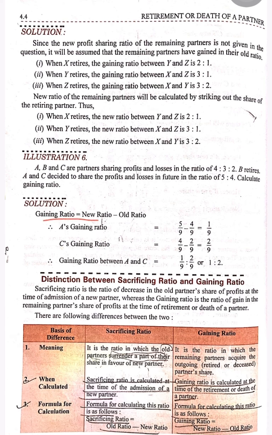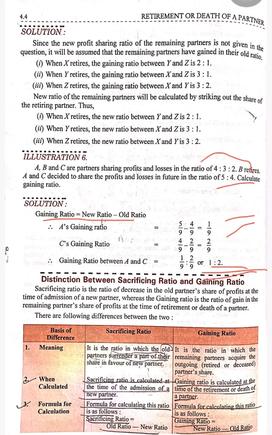The formula of gaining ratio is new share minus old share. A's new share will be 5/9 and A's old share will be 4/9. So it will be 1/9, and C's gaining ratio will be 2/9. So the gaining ratio will be 1:2.